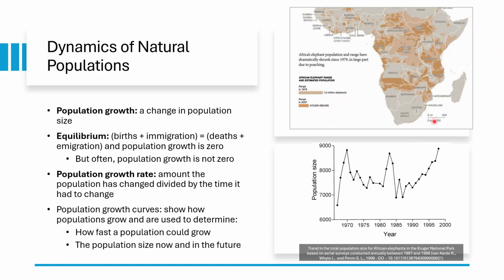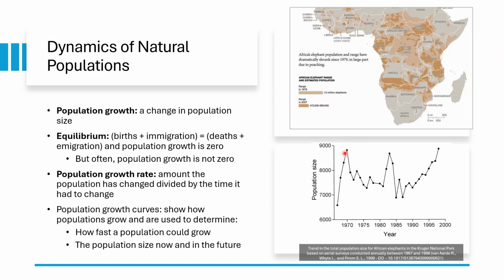So earlier we described how civil wars affected the African continent. Here we can see an example in the Kruger National Park. It's right there in South Africa. This park also saw a lot of civil war in the 70s.